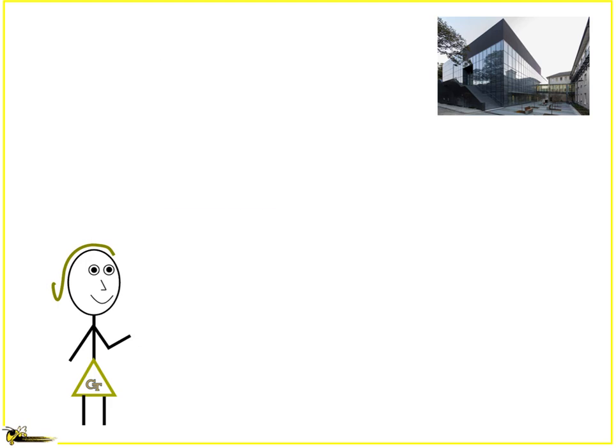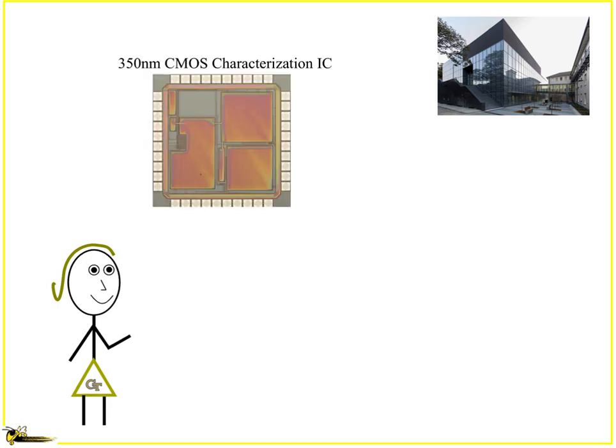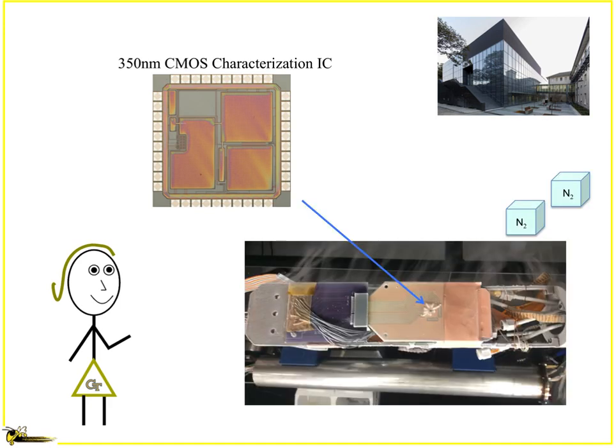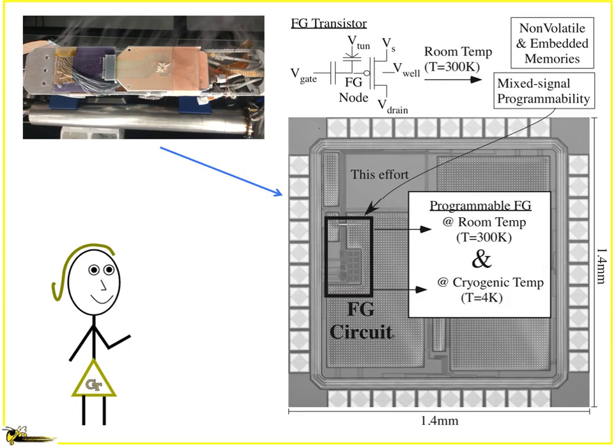And so being there, we ended up taking this wonderful characterization chip and then decided to mount it on a board. That board can then be put into liquid nitrogen temperatures. There are many different tests of this, but we're going to focus on one test of these test structures where we look at the floating gate elements, the core structure that allows us to look at floating gate behavior, and show it at 300 degrees Kelvin and at 4 degrees Kelvin.